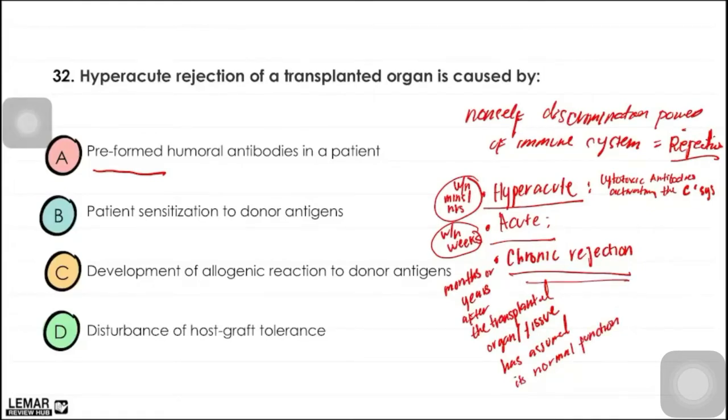That is chronic rejection. Antibody and cell-mediated immunity is the mechanism for chronic rejection.